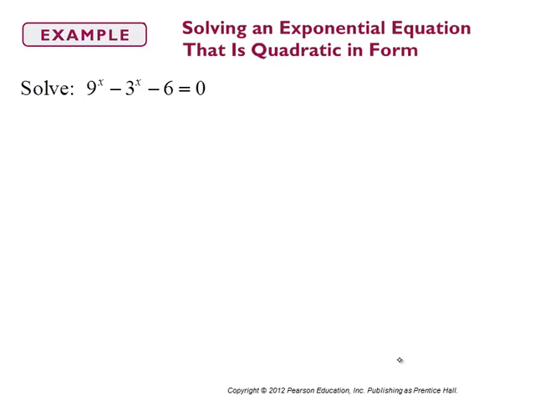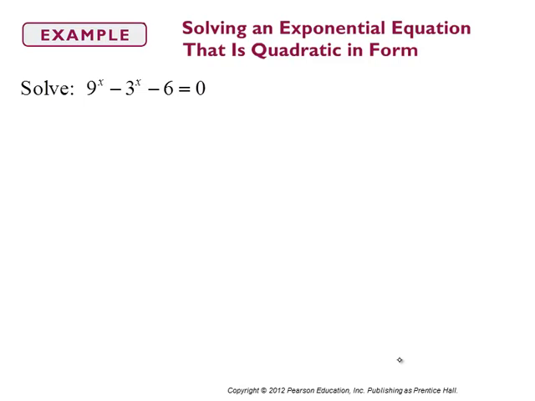Think about that 9 to the x power. Think about 9 as 3 squared. So you have 3 squared raised to the x power. For this problem, we have 9 to the x power minus 3 to the x power minus 6 equals 0.